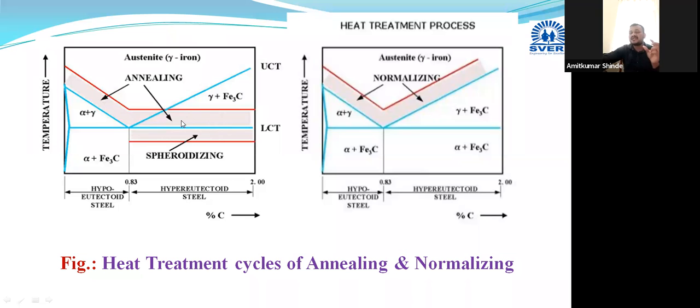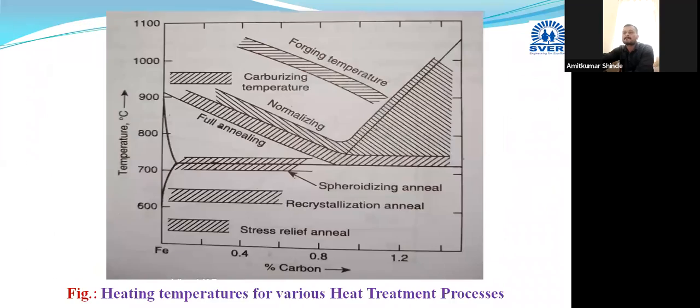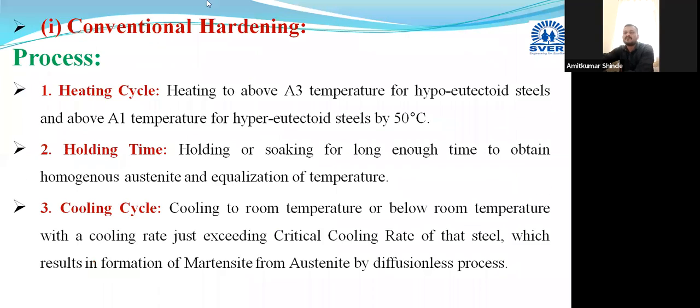This is the heating temperature zone: heating to above A3 temperature for hypoeutectoid steel and above A1 temperature for hypereutectoid steel by 50 degrees Celsius.